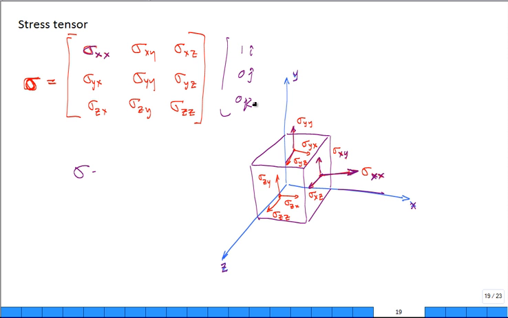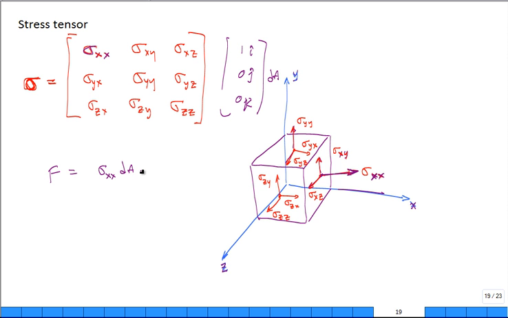If I did that, I would come back with a resultant force, which would be simply, maybe I should put 1 here times dA, everything times dA. I would have sigma xx times 1 dA.